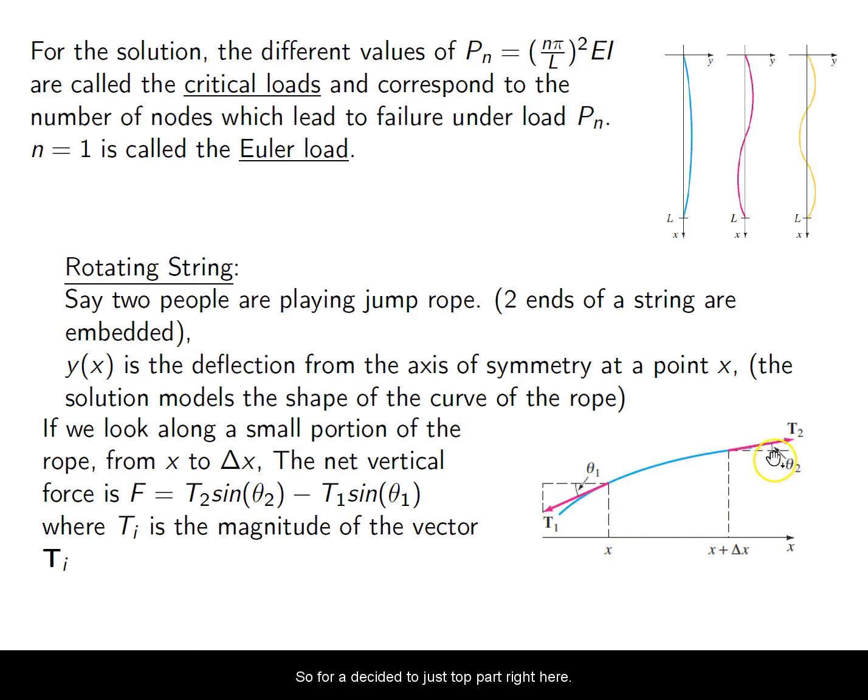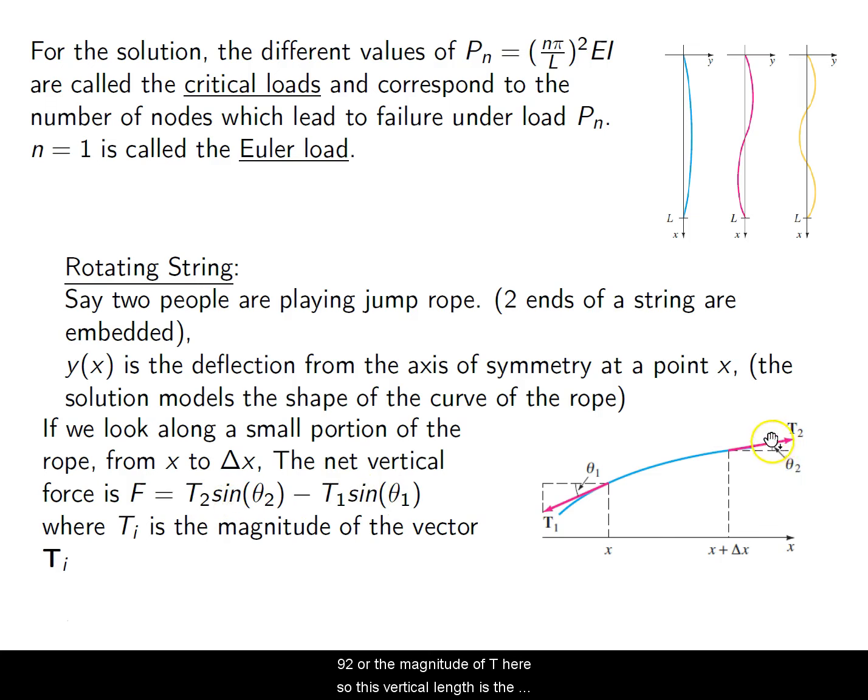For this side, theta 2, this top part right here is the sine of the angle times the length of the vector, right? Remember, this is not a unit circle. This is something of a radius of length T2, or the magnitude of T here.